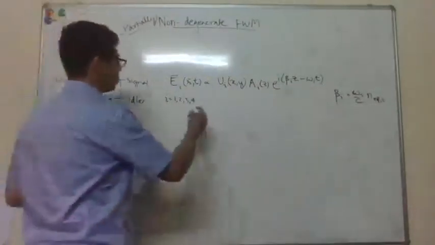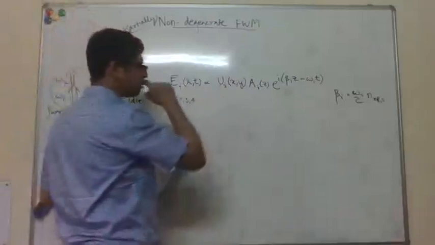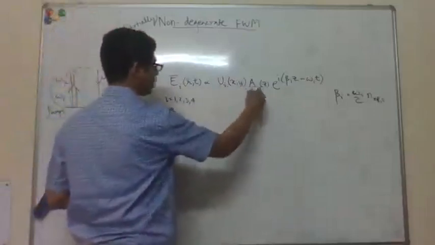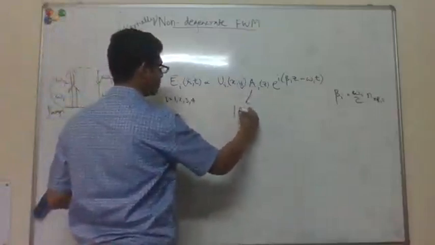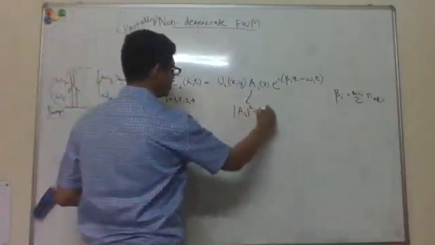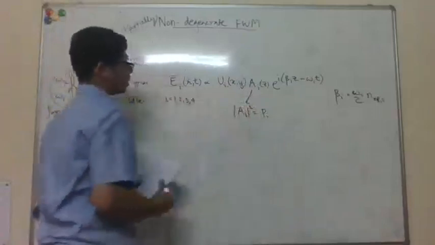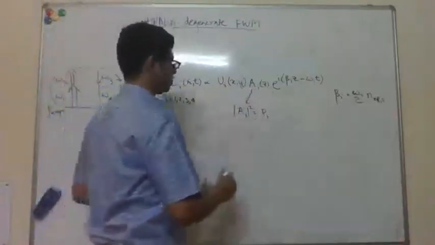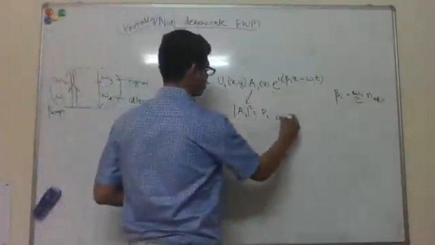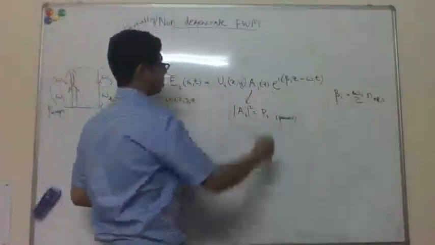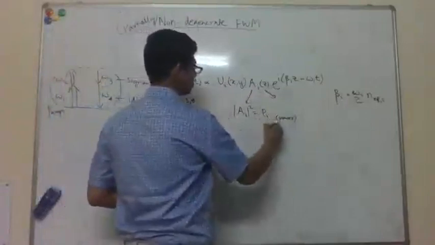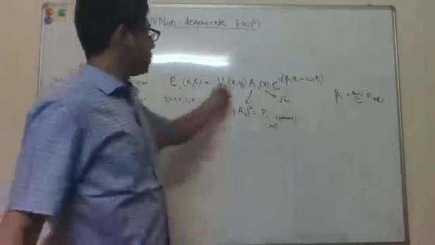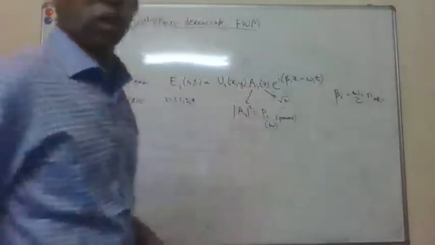And if you recall our brief discussion on this previously, typically what we do is normalize the amplitude such that mod square of the amplitude gives me power. So this is watts, and the amplitude A is taken in units of square root of watts.